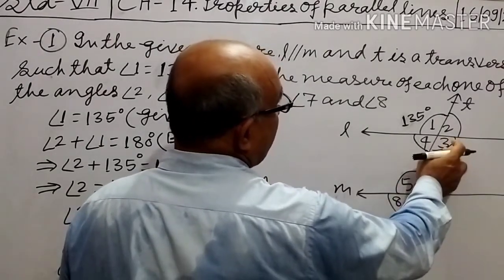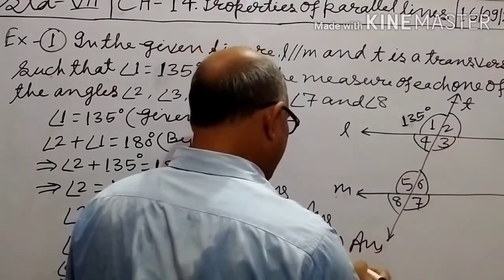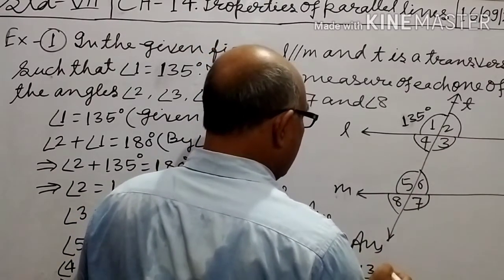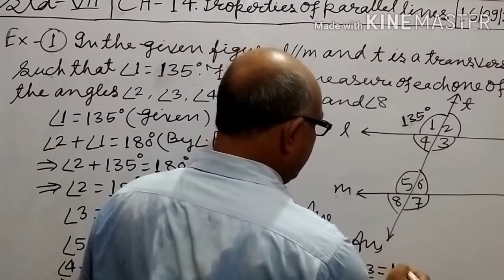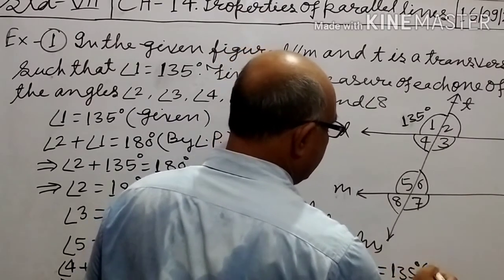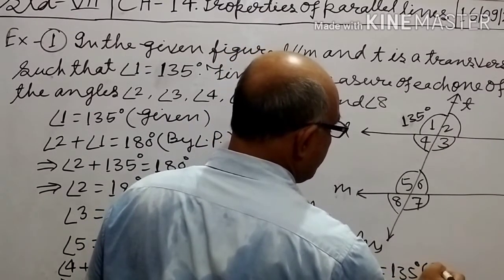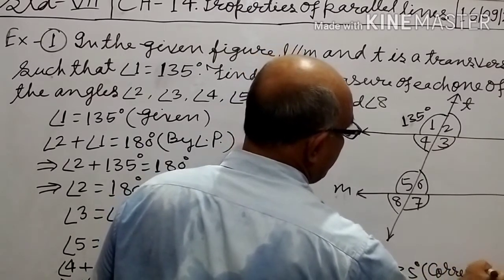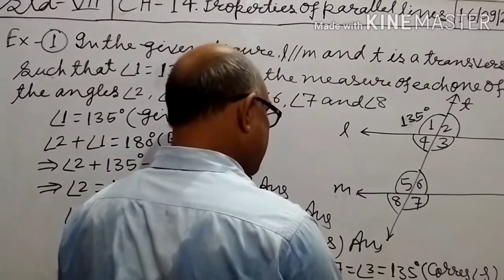Now angle 7. Angle 7 equal to angle 3 equal to 135 degrees. Pair of corresponding angles.